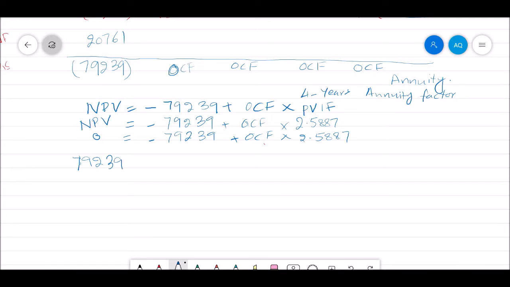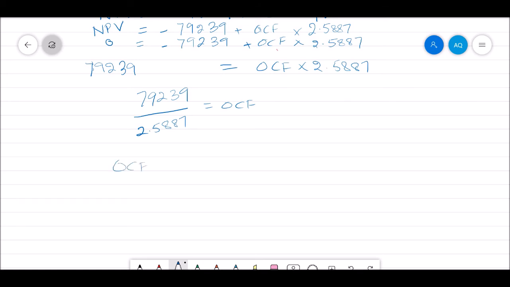So 79,239 is equal to operating cash flow multiplied by 2.5887. Now bring this to the other side: 79,239 divided by 2.5887 will give us the operating cash flow. What is the operating cash flow? It is 30,609 each year. So this will be our operating cash flow for each year.